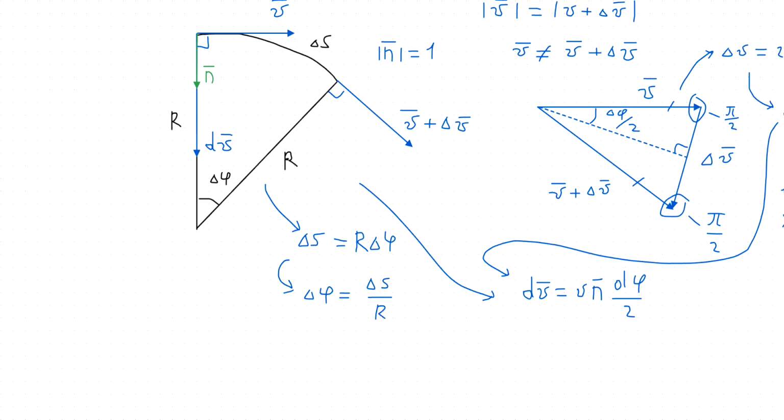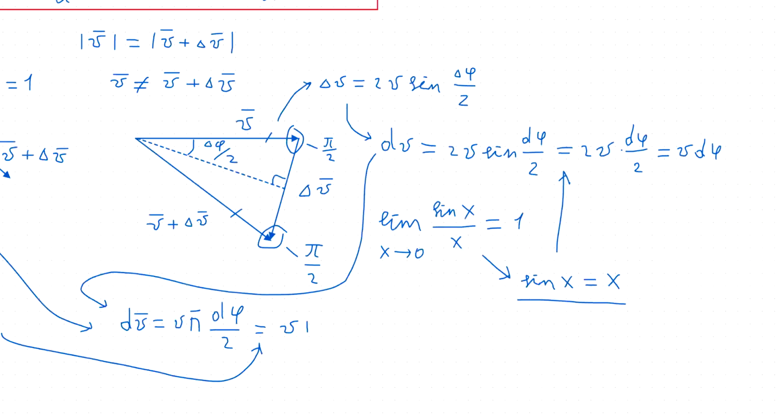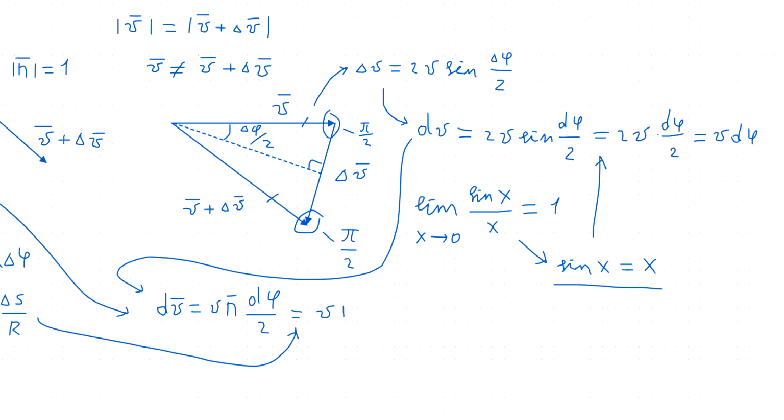And it means that from here we can notice that dv, change of direction of velocity, is equal to absolute value of velocity multiplied by... and why did I write this in denominator?